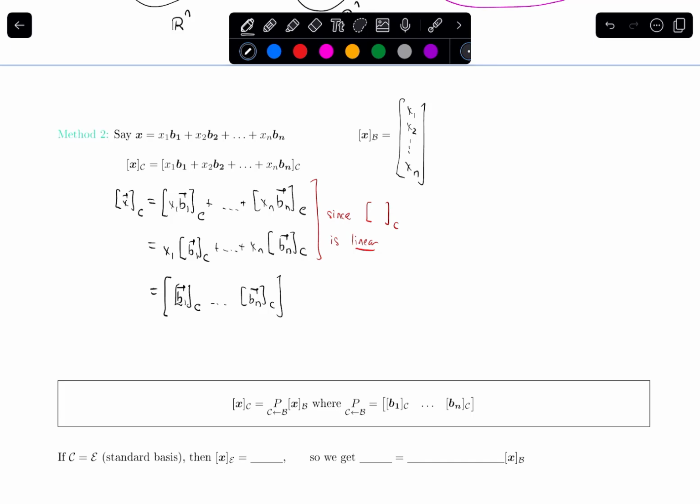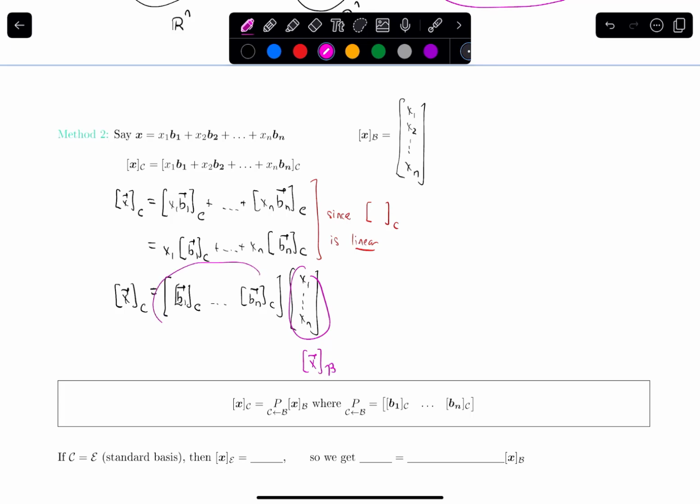So that's going to be my matrix, and that gets multiplied by a vector whose entries are the weights, x1, up until xn. On my left-hand side, let's not forget that I have the c coordinate vector of x. The vector x1 up until xn is the coordinate vector of x in terms of the basis b.